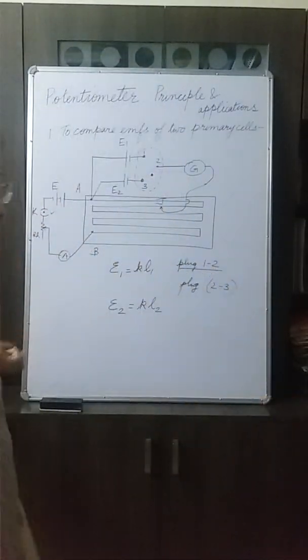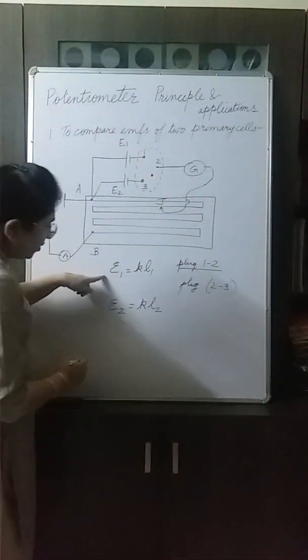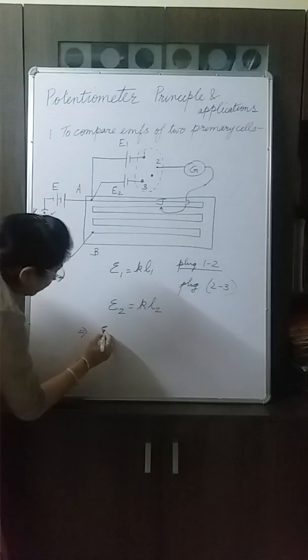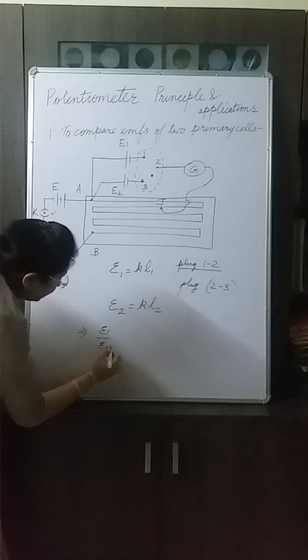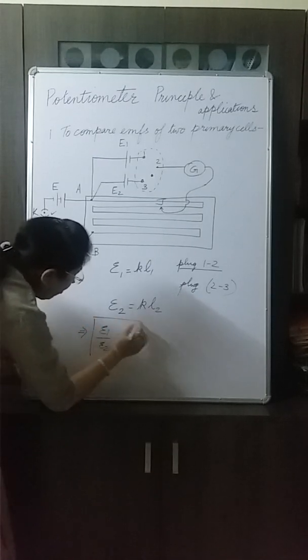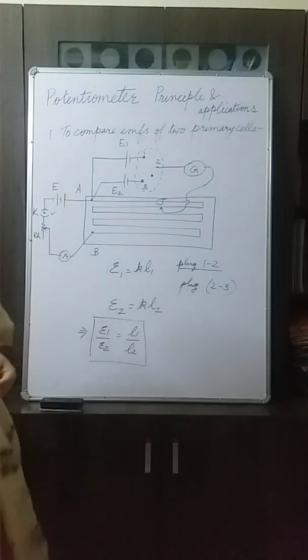Now dividing these two equations, E1 by E2, we can write L1 by L2. So we have got the ratio of the two primary cells, E1 and E2, as L1 by L2.